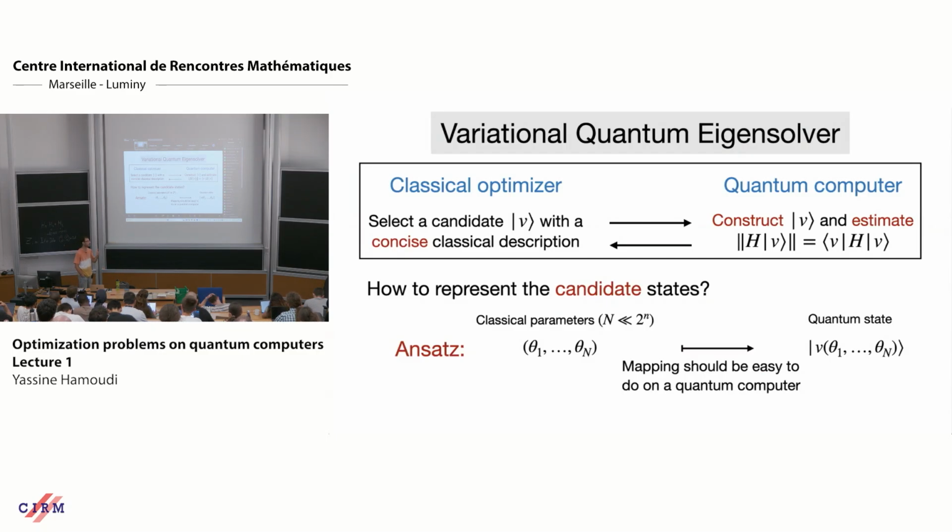An ansatz is a mapping from classical parameters chosen by the classical optimizer to a particular quantum state which is going to be constructed and evaluated on the quantum computer. Of course, you want to have as few classical parameters as possible for the method to be efficient. What we'll see in the next part is one particular example of an ansatz, which is called the QAOA ansatz.